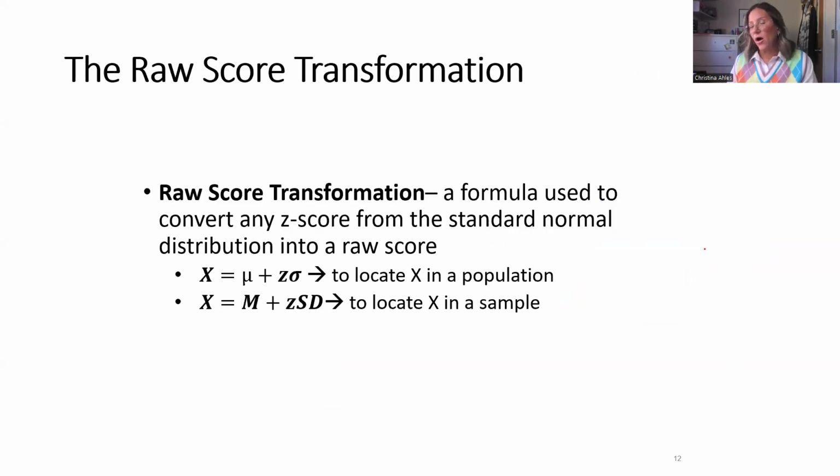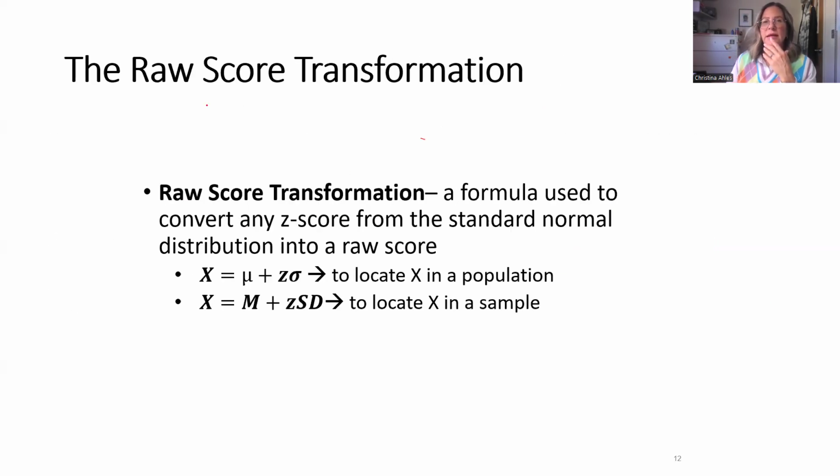So we can also use the same kind of information to find a raw score. If you have a z-score, you can use that to convert and find what score would fall at that z-score.